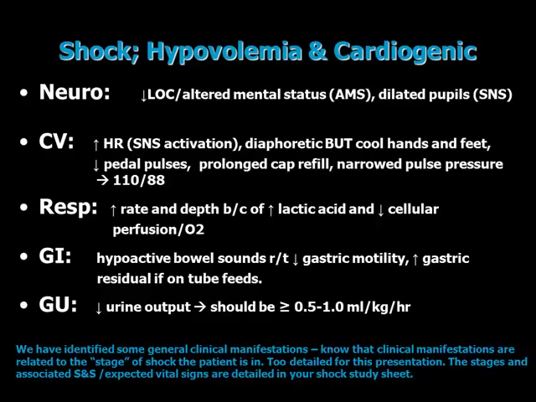I had a student who said to me, well, I'm assessing my patient and she's really not answering my questions right. She sometimes tells me the information accurately, and other times not. I said, well, how old is she? And she said, well, she's 45. And I said, well, that's not right, because unless you think she's having an acute stroke, it sounds like she's showing signs and symptoms of some issues because she's got an altered mental status.